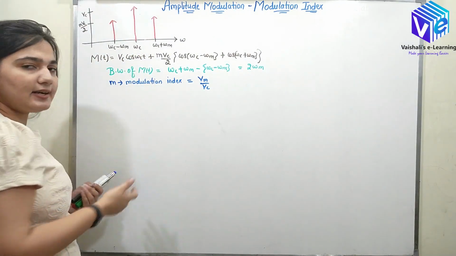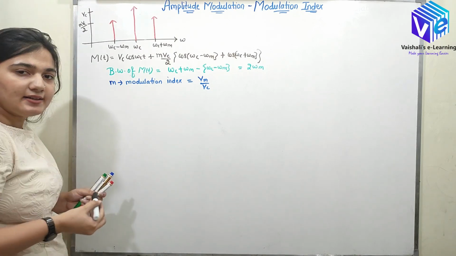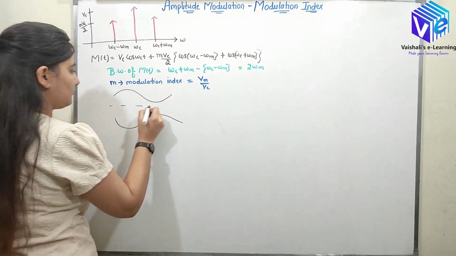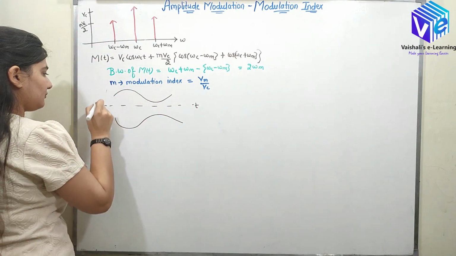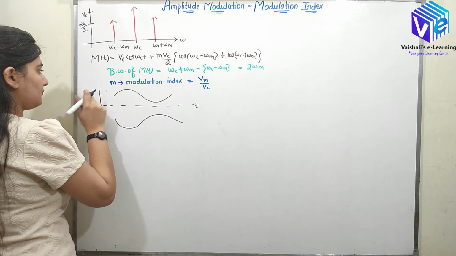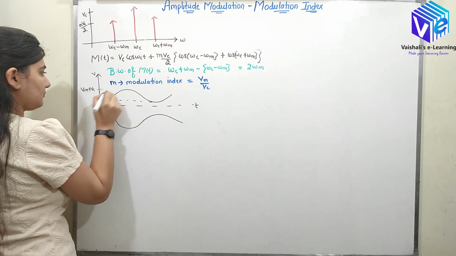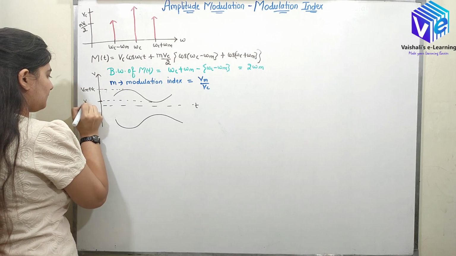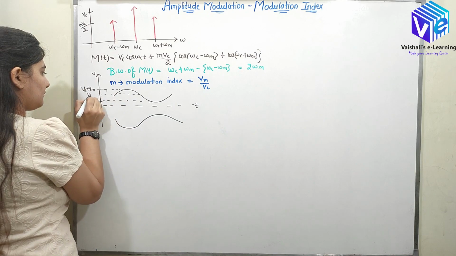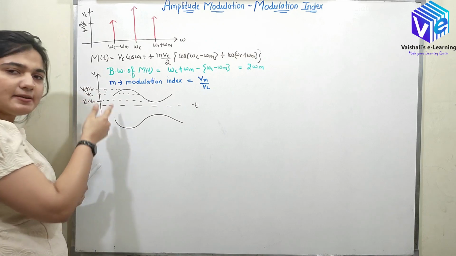I represented the signal diagram of the amplitude modulated signal. The highest amplitude of the modulated signal was Vc plus Vm.